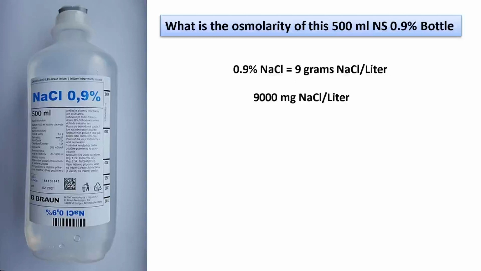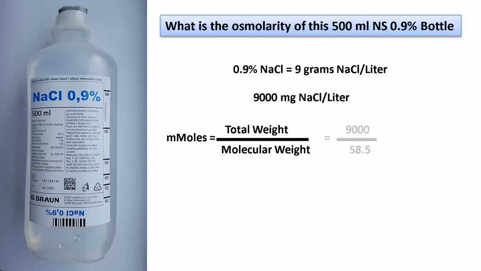We know 0.9% sodium chloride means 9 grams of sodium chloride per liter of solution, which means 9,000 milligrams per liter. First, let us find the amount of sodium chloride present in millimoles per liter of the solution by using the mole formula.